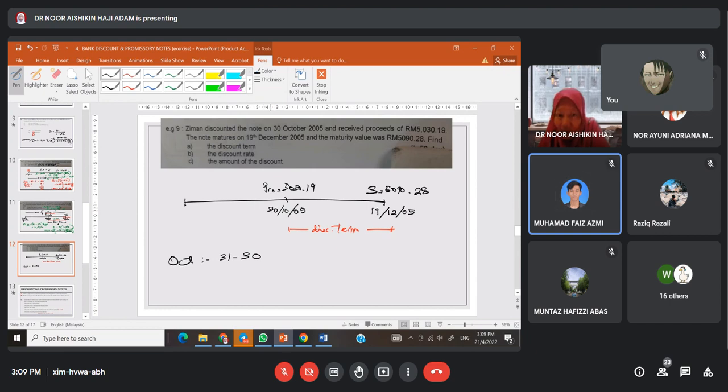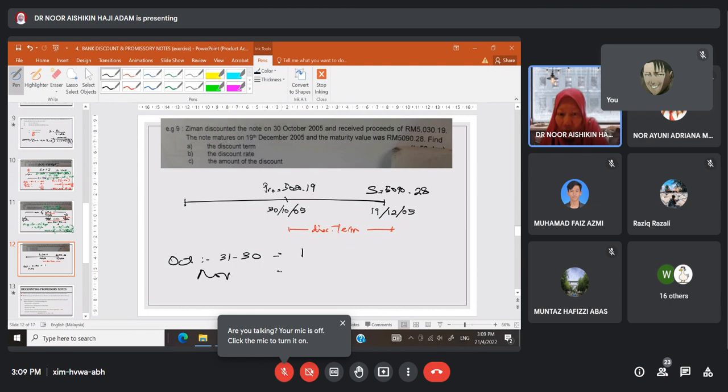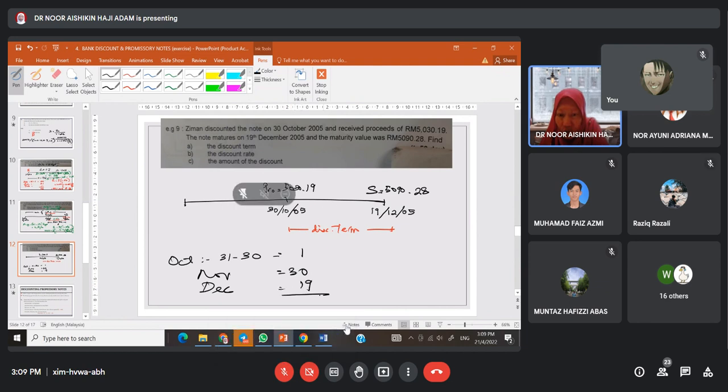Dan saya dah kata kita tak nak ambil kira the first date of the term, which is the 30th tu. Kita ambil kira yang 19th nanti. So this is 1. And then November you have 30 days. And December we stop on the 19th. 1, 20, 30, 50. So 50 days lah. Discount term you is 50 days.